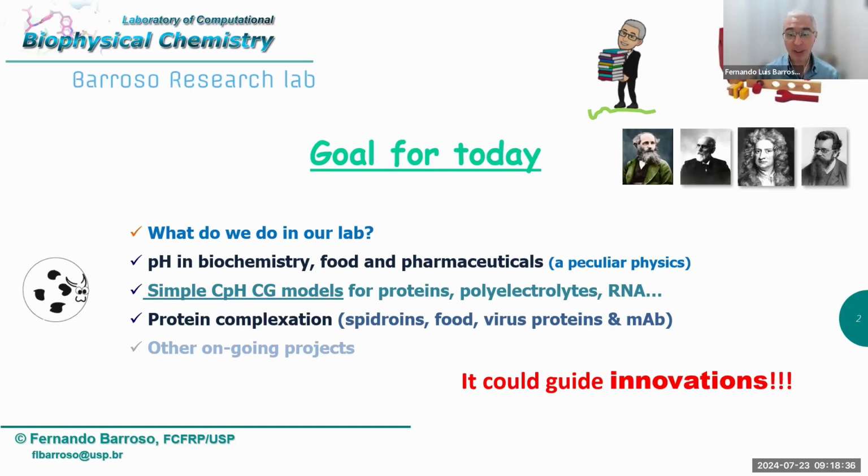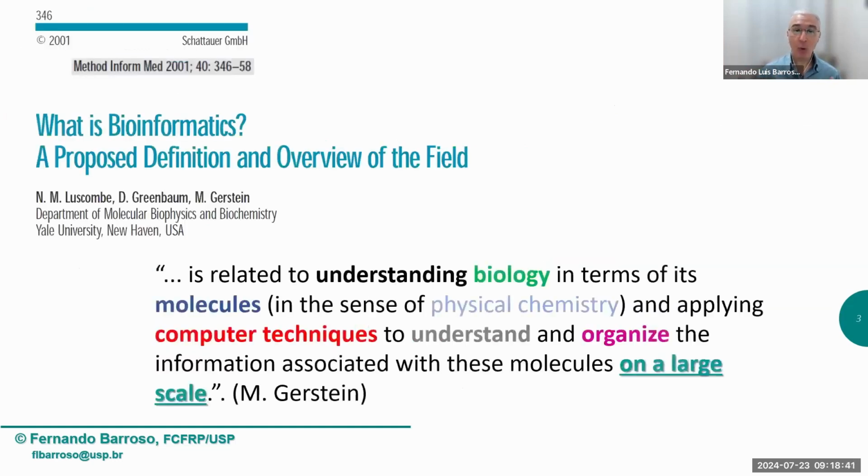To help with understanding what we are doing, I think it's nice to remind you that there are several definitions of bioinformatics. One of my favorite ones is from Mark Gerstein, where he highlights that what we are doing in bioinformatics is to understand biology. I can also say medicine in general. We can expand that we are trying to understand life in a very broad definition, but in terms of molecules.